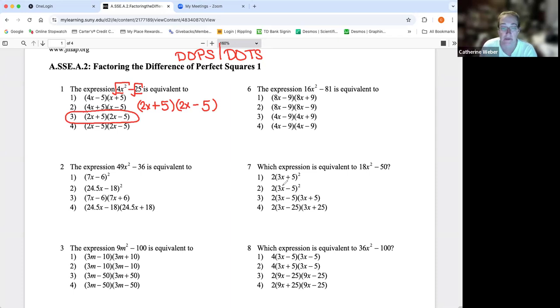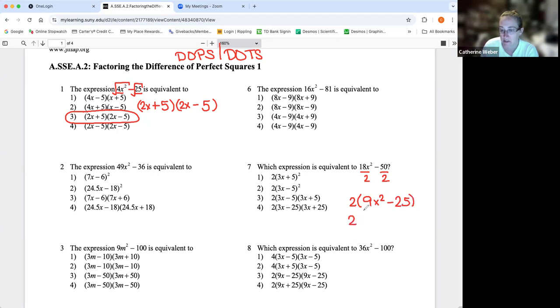Sometimes there'll be greatest common factors that have to be removed first, like question number 7. So now 18x squared minus 50, there are no perfect squares there. But if I remove a 2 from each, I now have 9x squared minus 25.